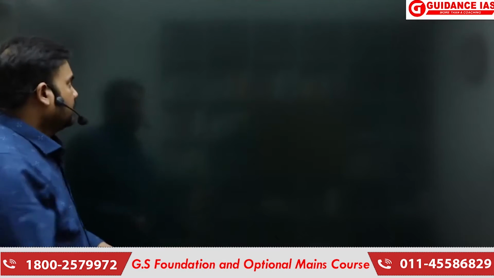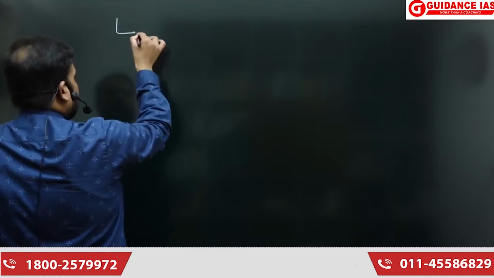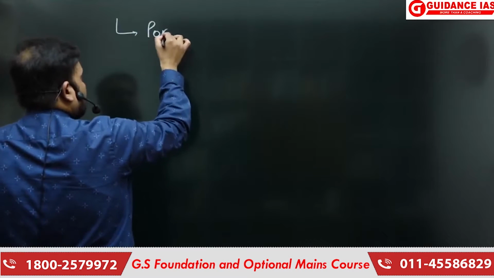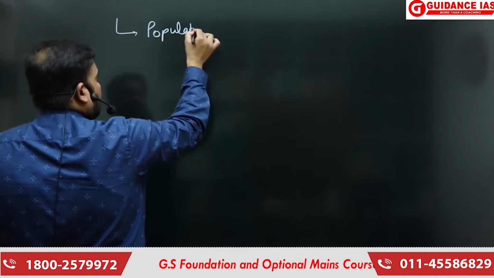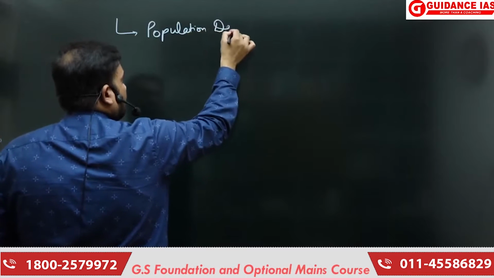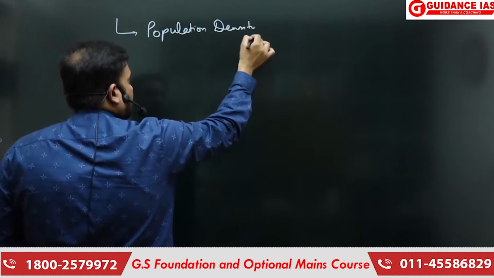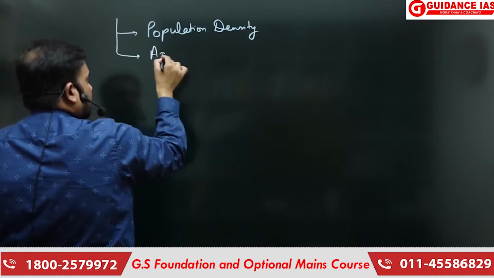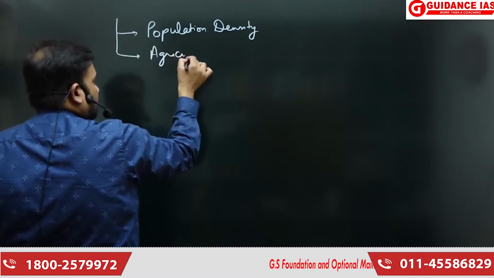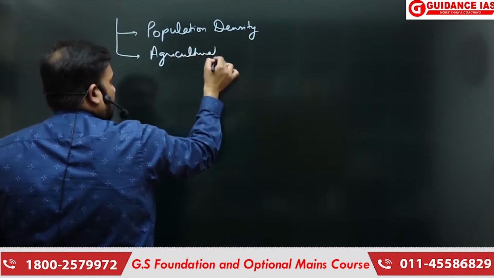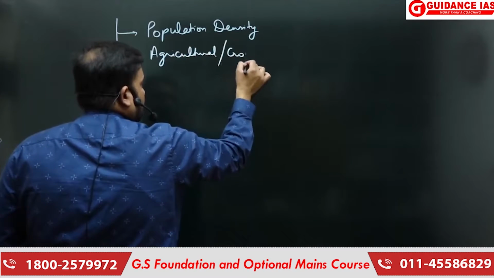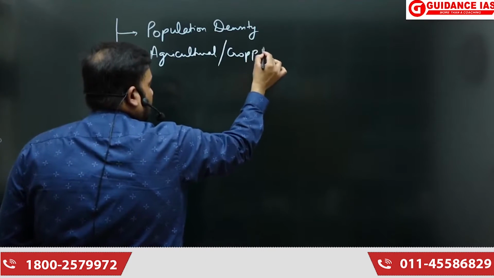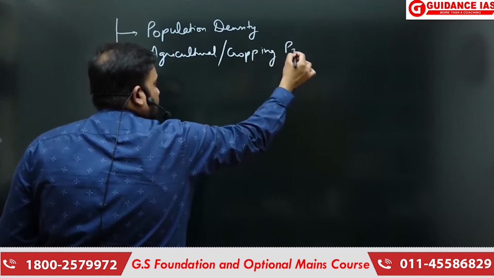Definitely there is. So there is information related with population density. You will find there is information related with agricultural, or rather say cropping pattern.